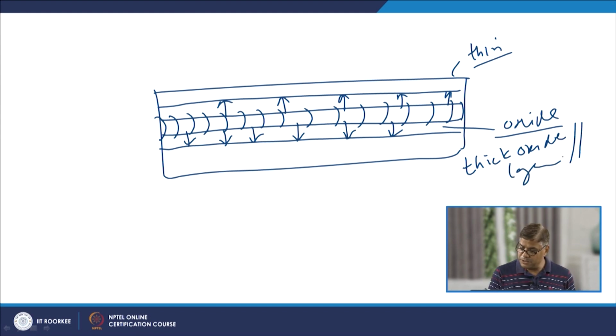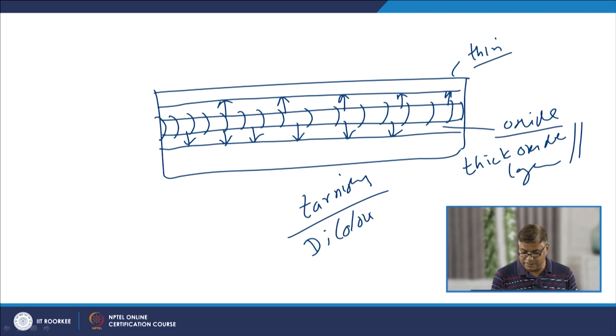Formation of a thick oxide layer due to the external heating will tarnish the surface, or we can say will lead to decolorization of the surface.